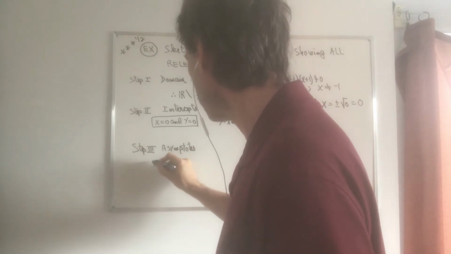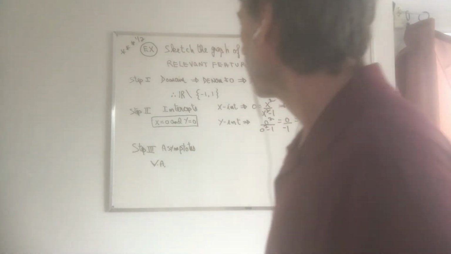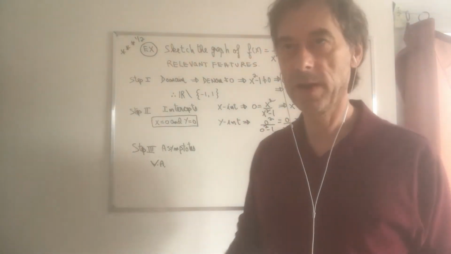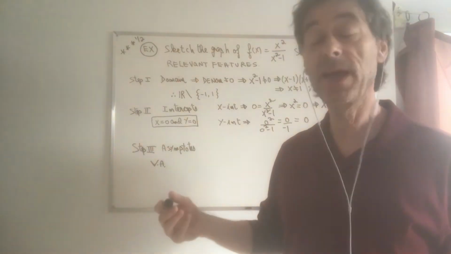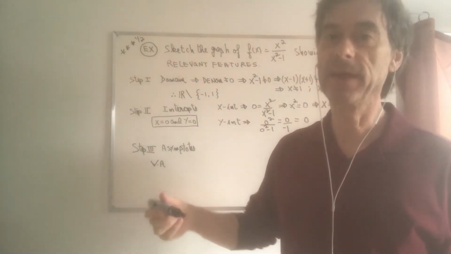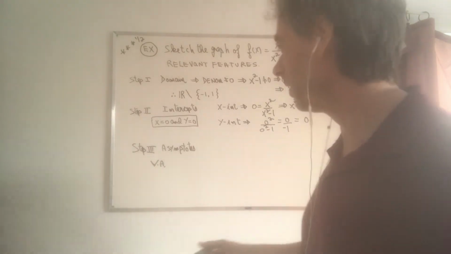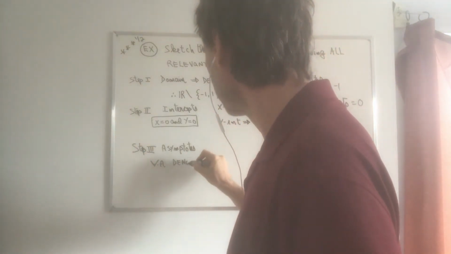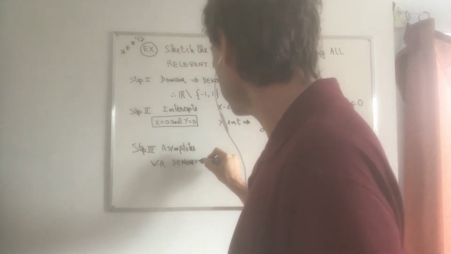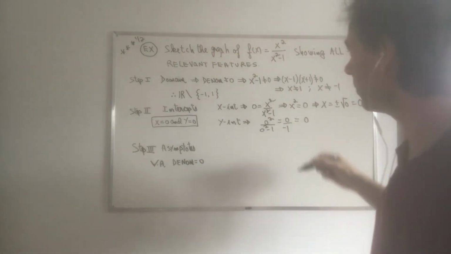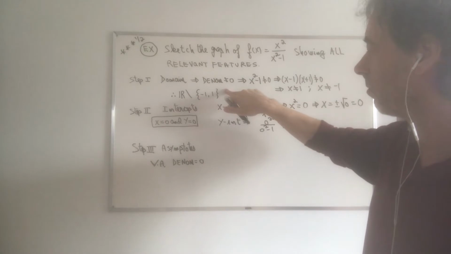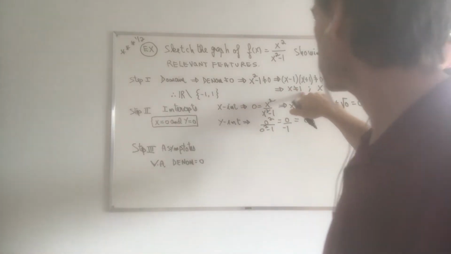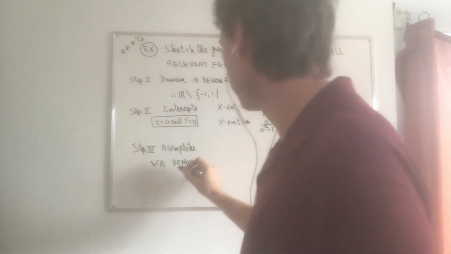Vertical asymptote. How do I find a vertical asymptote? Well, I've got to find the limit as x approaches a, but I don't have the a, so first I must find the a. How do I find the a? I make the denominator equal to 0. And since we've done this previously, when we looked at the domain, we know that this happens at 1 and minus 1.